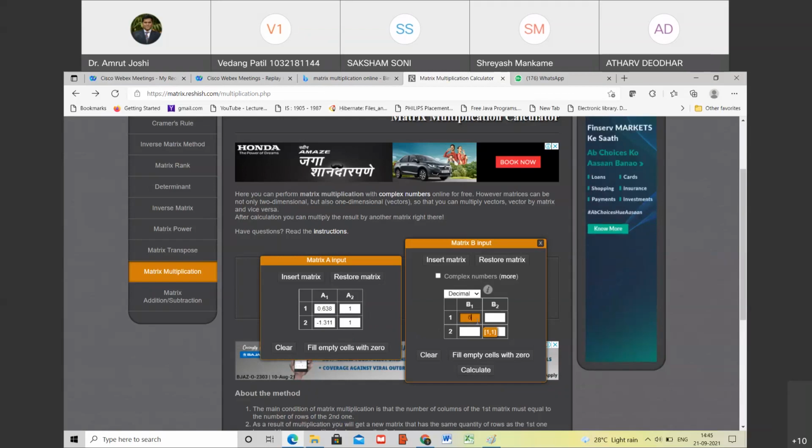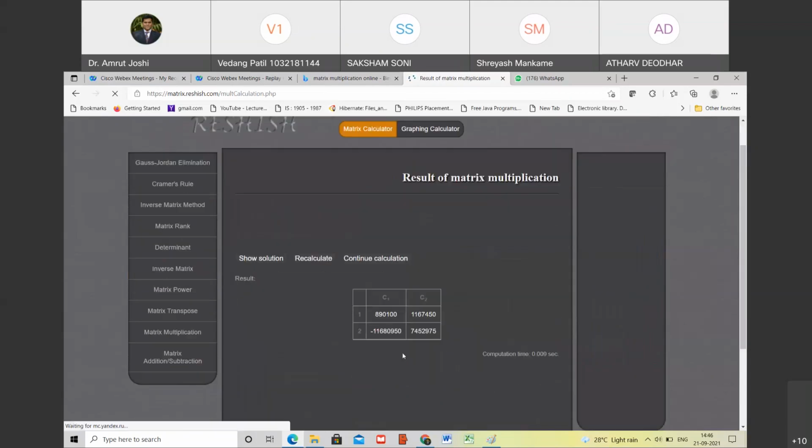Yes. 64.5. Then minus 32.25, into 10 power 5. Then minus the same 32.25 value. Then the last one, the same value but positive. Correct.